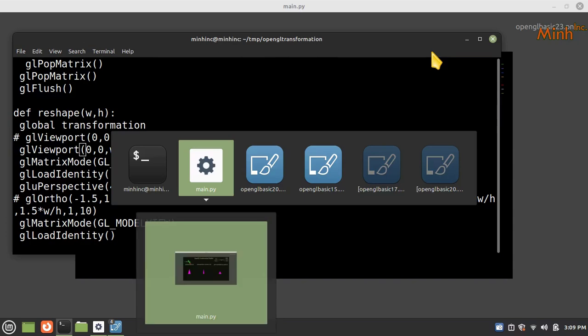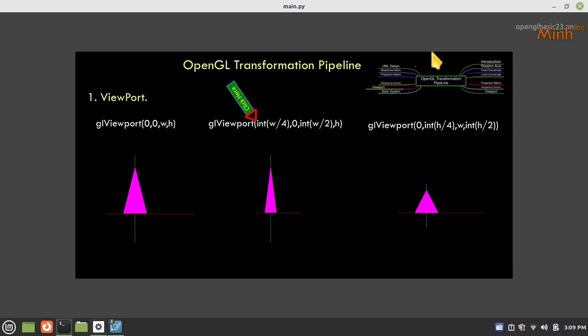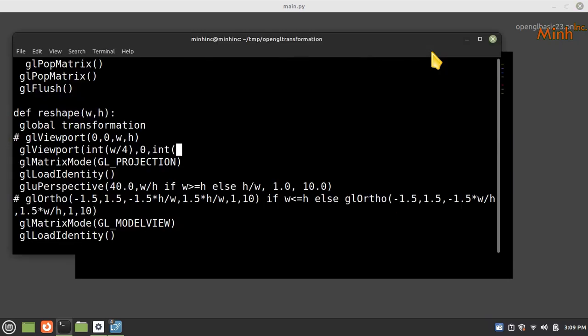The first lab session is this: in W by 4, 0, in W by 2, H.